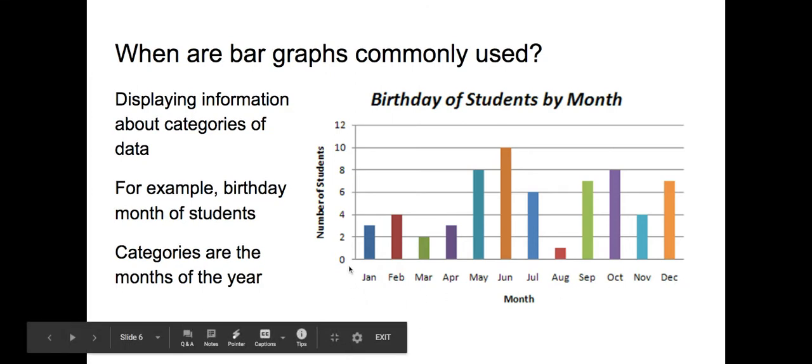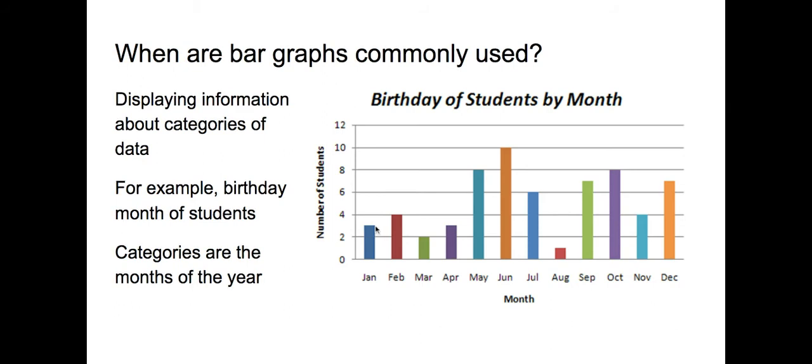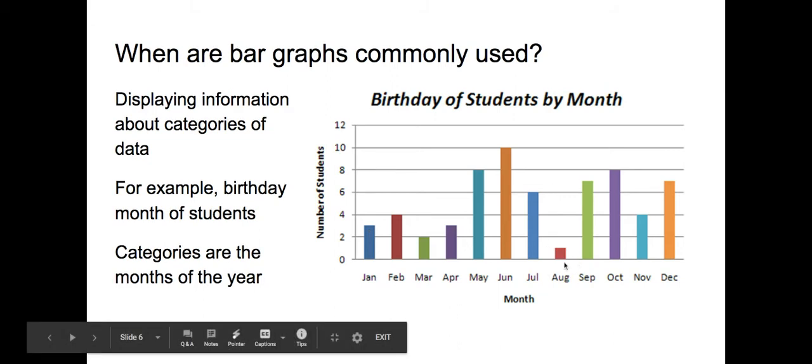And here you can see the scale goes up by 2s: 2, 4, 6, 8, 10, 12. And so sometimes the bar is in the middle between 2 lines. So here for January, for example, we can read that that's 3, halfway between 2 and 4. And looking at August, here it's halfway between 0 and 2, so this is 1.